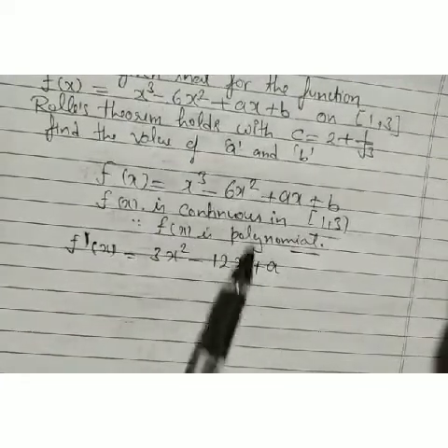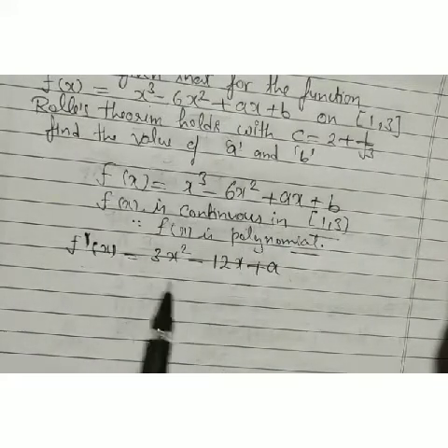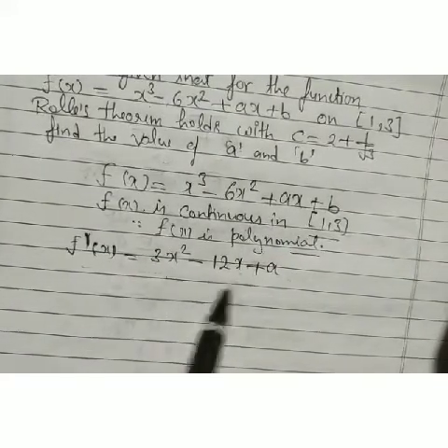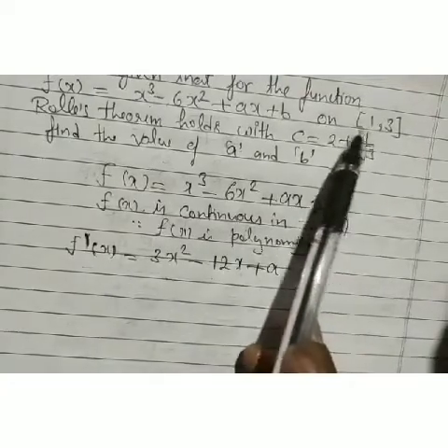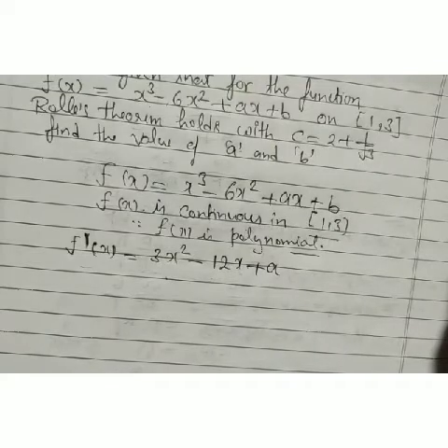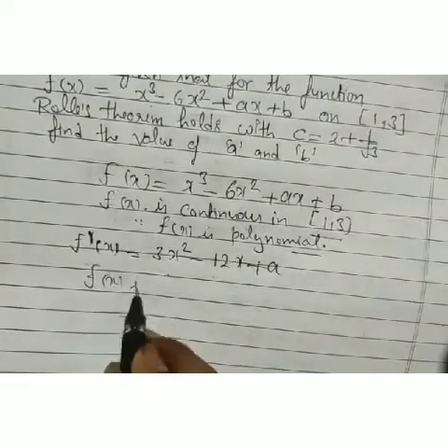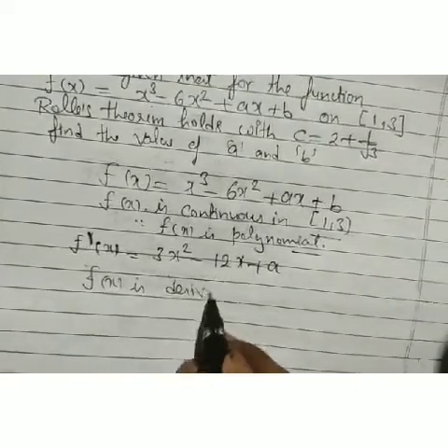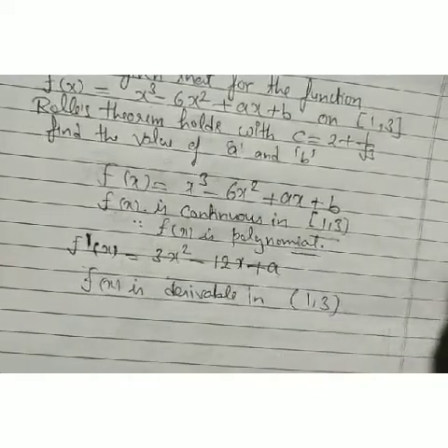Now b is eliminated because it is a constant. Again it's a quadratic function, and in the open interval (1, 3) it is derivable. So f(x) is derivable in the open interval (1, 3).